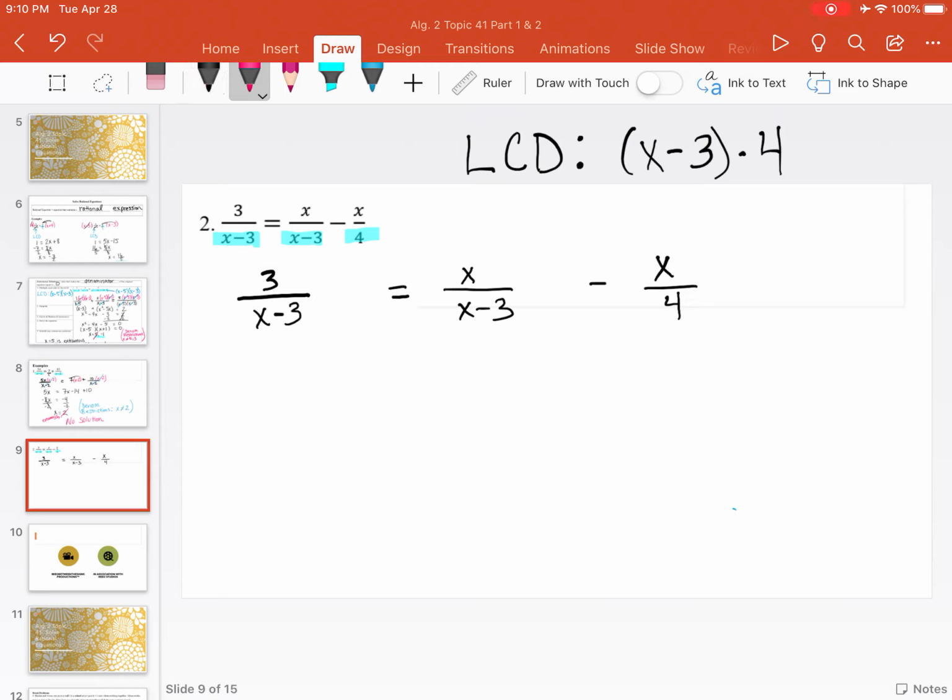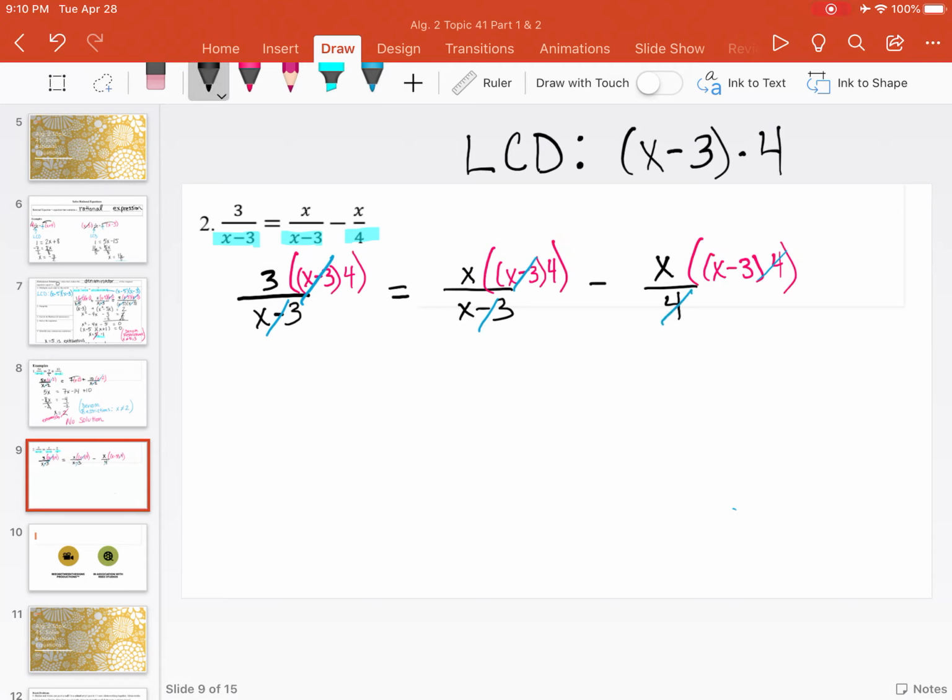Now I'm going to multiply every single term by my least common denominator. Now I can simplify. Because there's an x minus 3 in the numerator, 1 in the denominator, that cancels, again in the second term, and we have a 4 in the numerator and a 4 in the denominator on the third term.